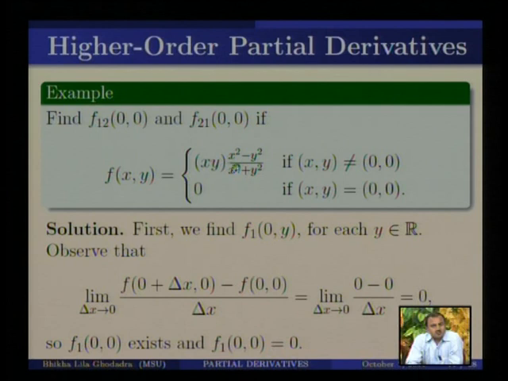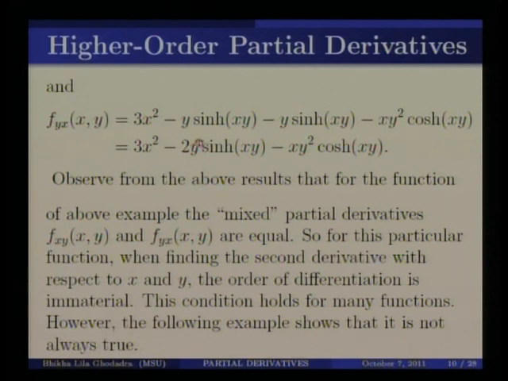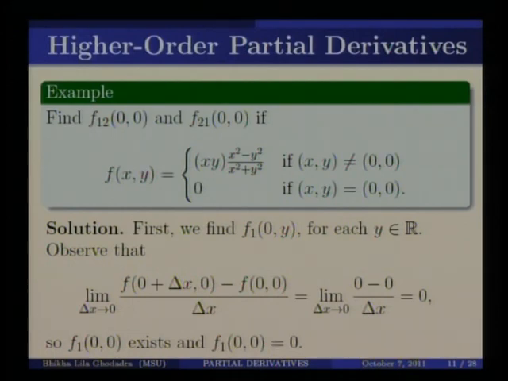We have taken this example to show that the order in which we take the derivatives is important, because above we have seen that for that particular function it is immaterial, but this is not true for all functions. So here is a specific example in which the order in which we take the partial derivatives is important.